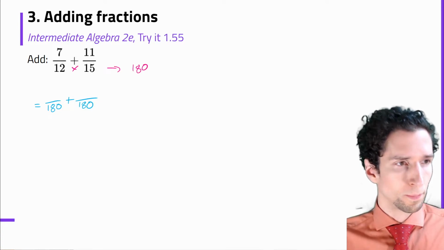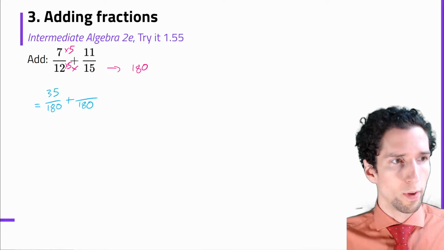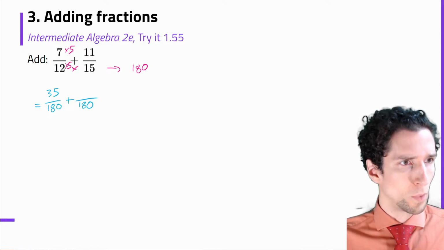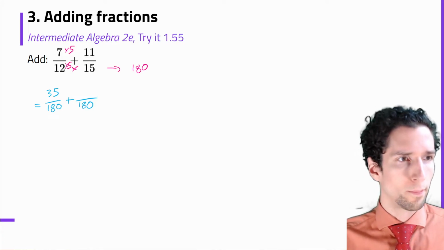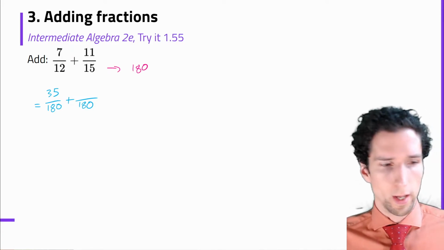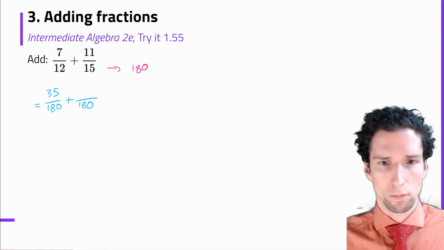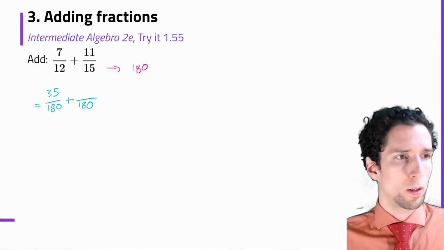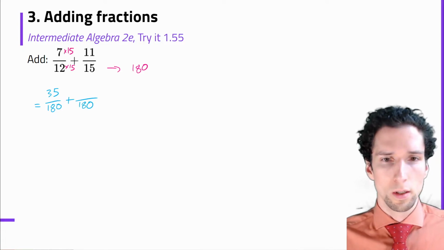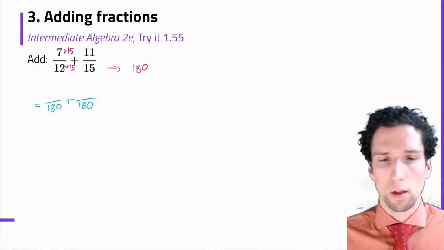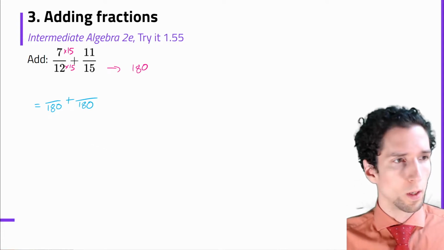To get 180, we did this times 15, sorry, not 5. 7 times 15 is not 35, it is 105.